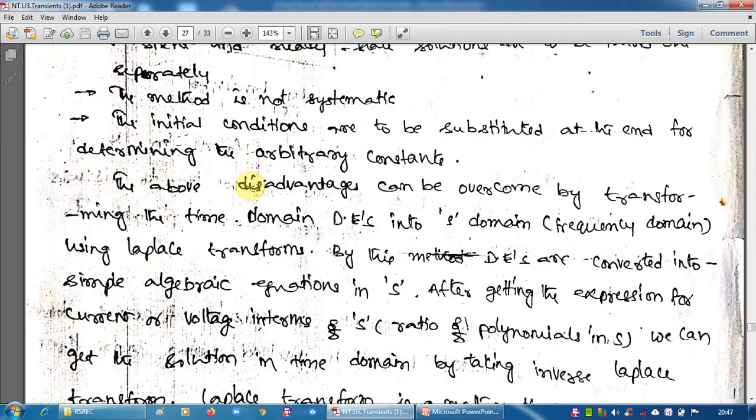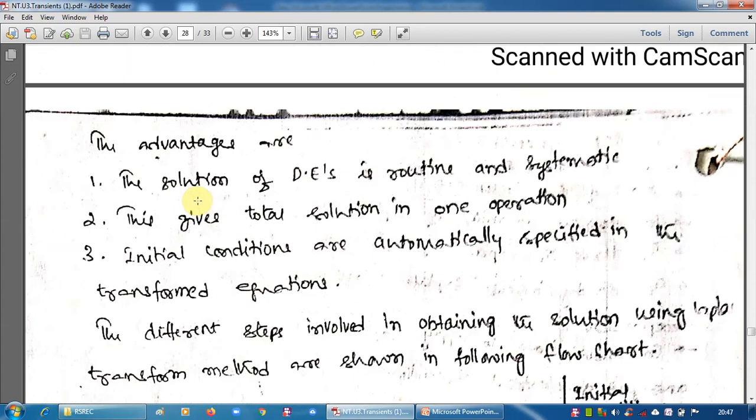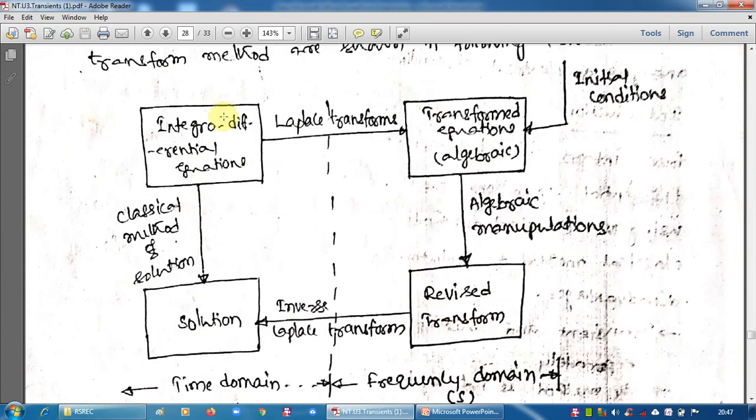That is the reason why there is much interest in another method called Laplace transform method of the solution of same differential equations. This method can be outlined or explained with the help of this scheme.